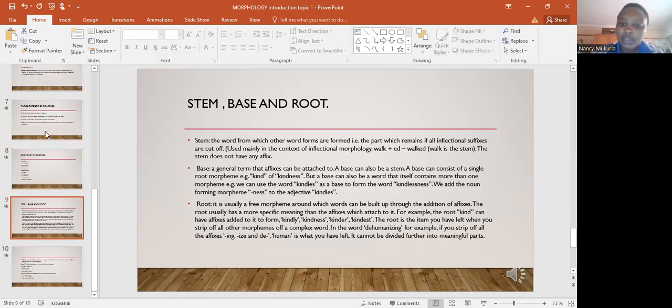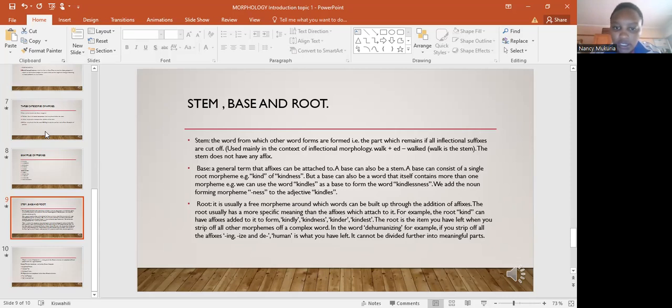Base, a general term that affixes can be attached to. A base can also be a stem. So base and stem have a correlation. The base can consist of a single root morpheme, e.g., kind of kindness, but the base can also be a word itself containing more than one morpheme.